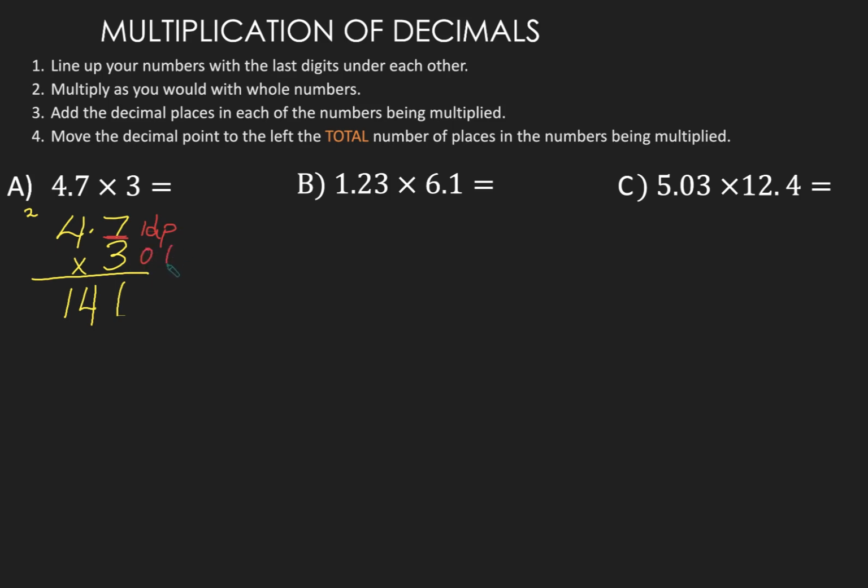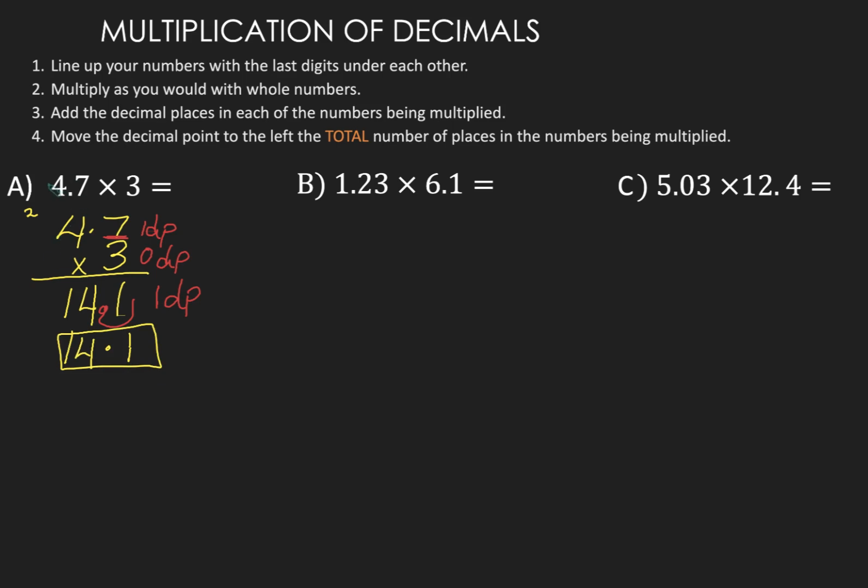Whole numbers have 0 decimal places. So in my product, which is 141, I'm going to insert a total of 1 decimal place, moving from right to left. So my answer is 14.1.